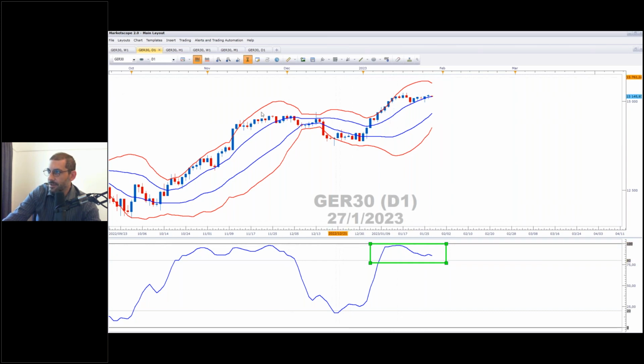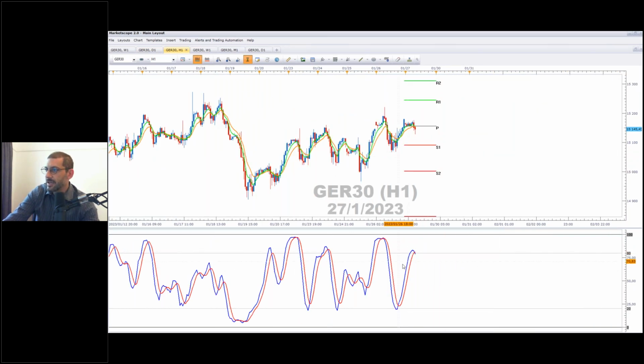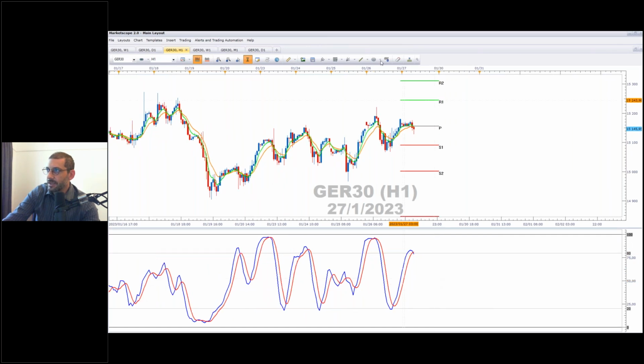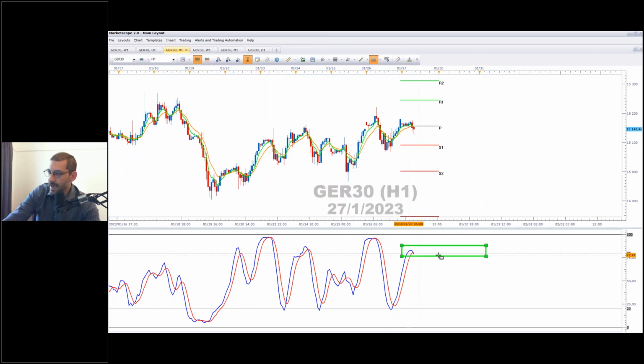I think it all comes down to what happens on the hourly chart, and this is a little trickier. What we need effectively for the DAX to have some sort of swing to it is the stochastic to hang out at the 80 area. So it's rolling over, so just be careful there.